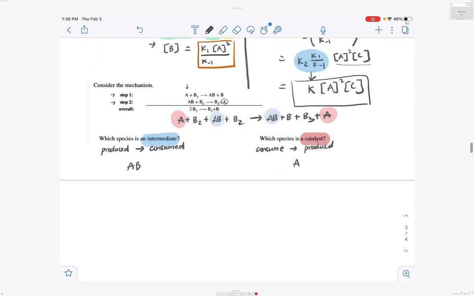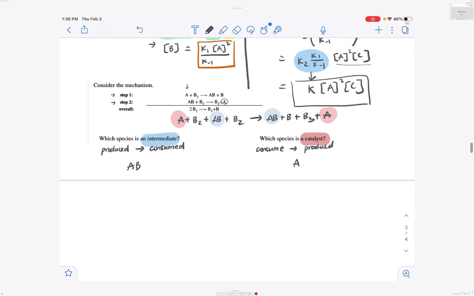Okay, so these are the major differences between intermediate and catalyst. If you add up all the reactant side and add up all the product side, the intermediate and catalyst will both appear on both sides of the equation. However, the difference is that an intermediate is produced first and then consumed.